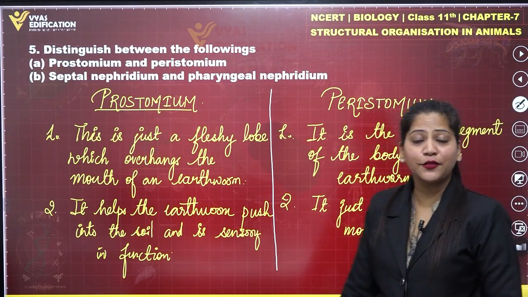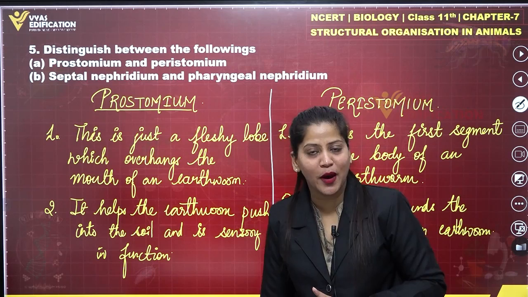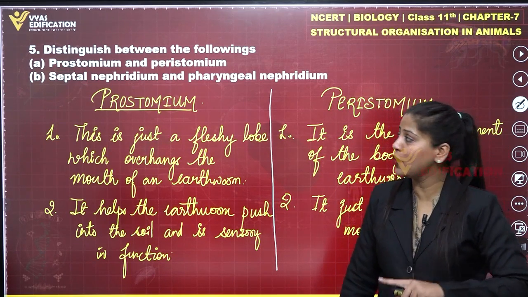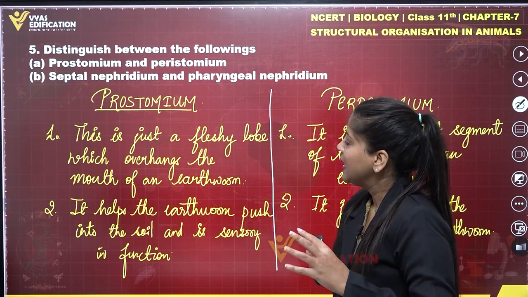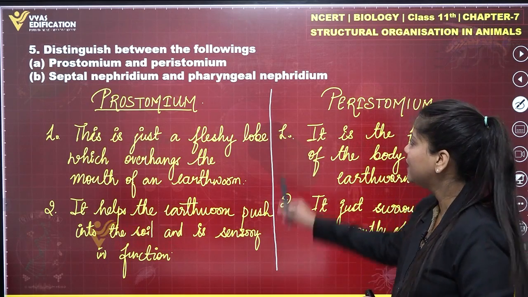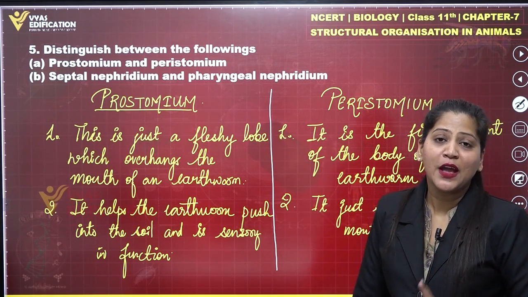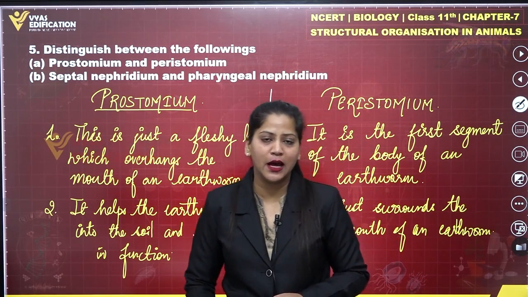So this is the difference between prostomium and peristomium. With this, we have completed the first part of this question, and moving on to the next part, it is asking to distinguish between septal nephridia and pharyngeal nephridia.